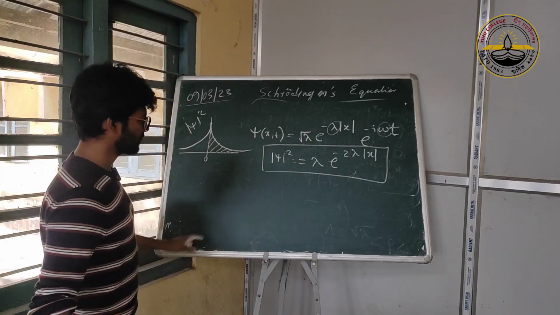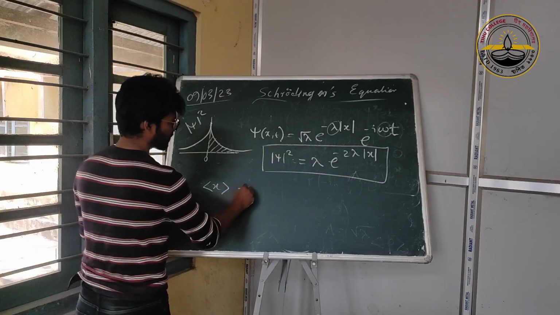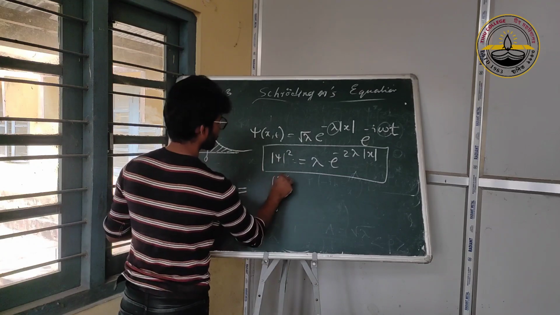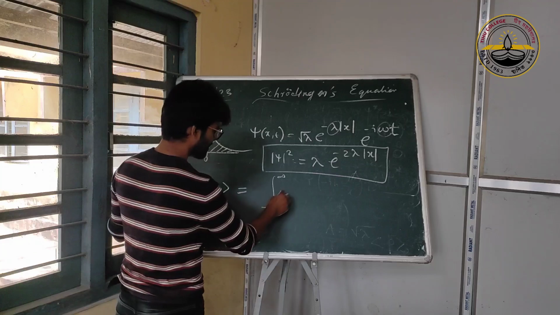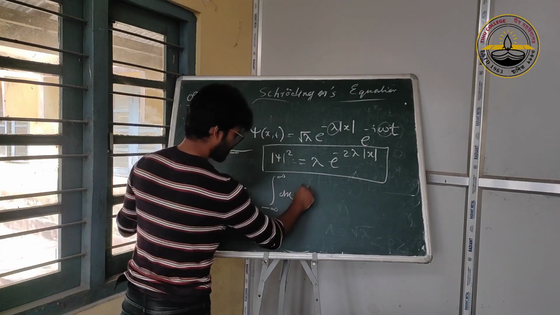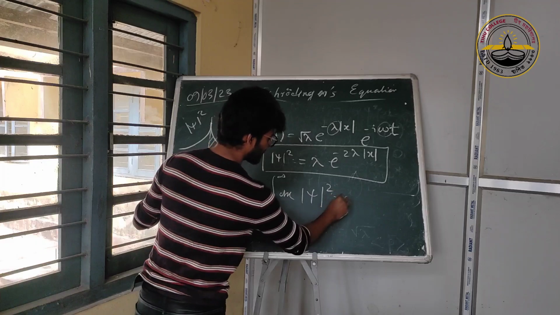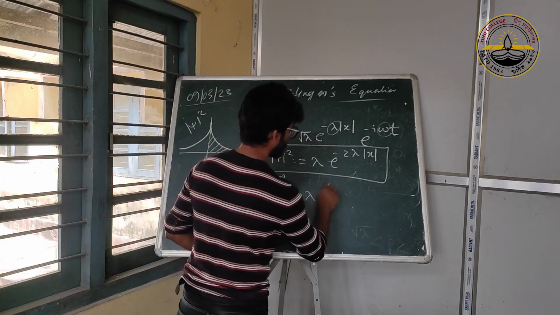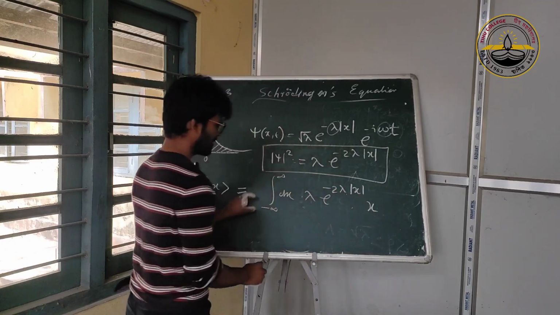Next question. What is the expectation value of x? Tell me, what should I write here? First the probability density and then x. So let's put it here, mod chi square, lambda e to the minus 2 lambda mod of x, times x.